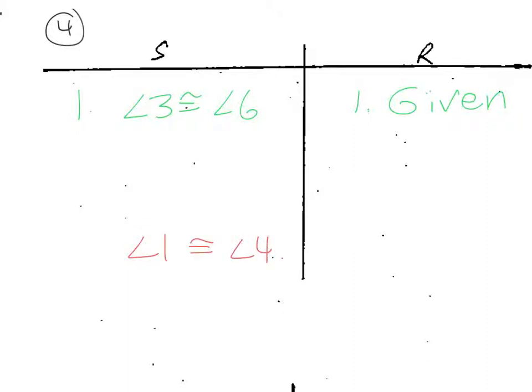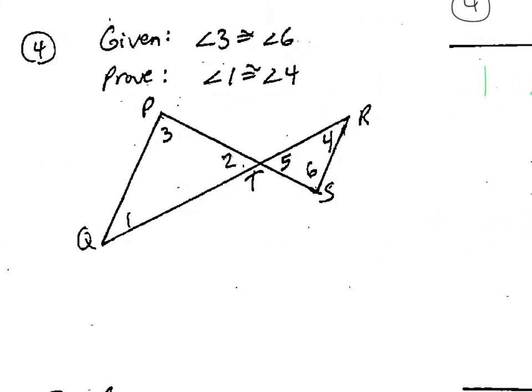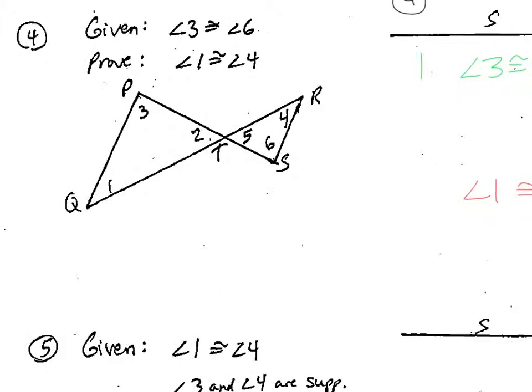So I'm going to propose that a way that we would know angle 1 is congruent to angle 4 would be if we knew that QP was parallel to RS, because if we look at line QP and line RS, angle 1 and angle 4 are an alternate interior angle pair.